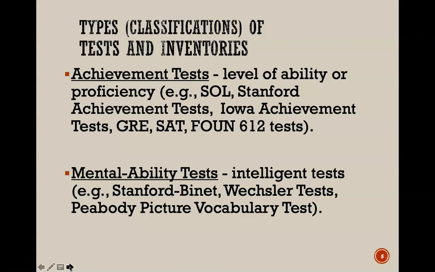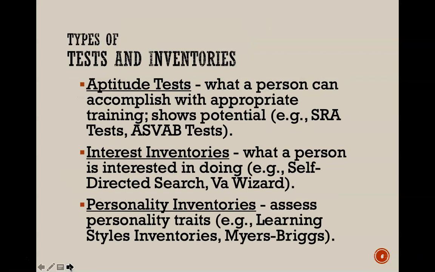Then there's also ones that test your mental ability. Stanford Binet is probably the one that most people are familiar with. There's also aptitude tests to show things that you may have a propensity to doing well at. If you ever went in the military, you would know you took the ASVAB to see what potentially would be a good training area for you.